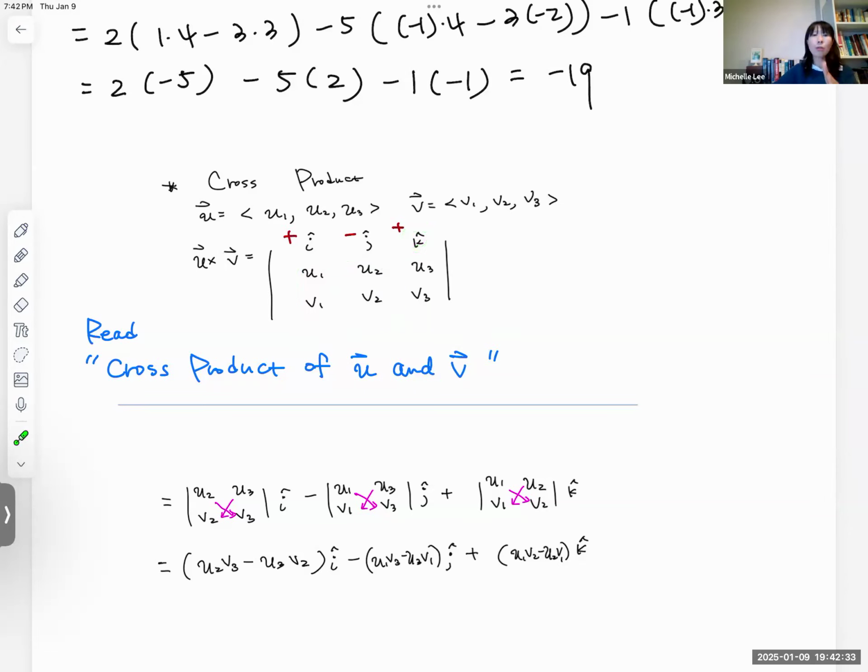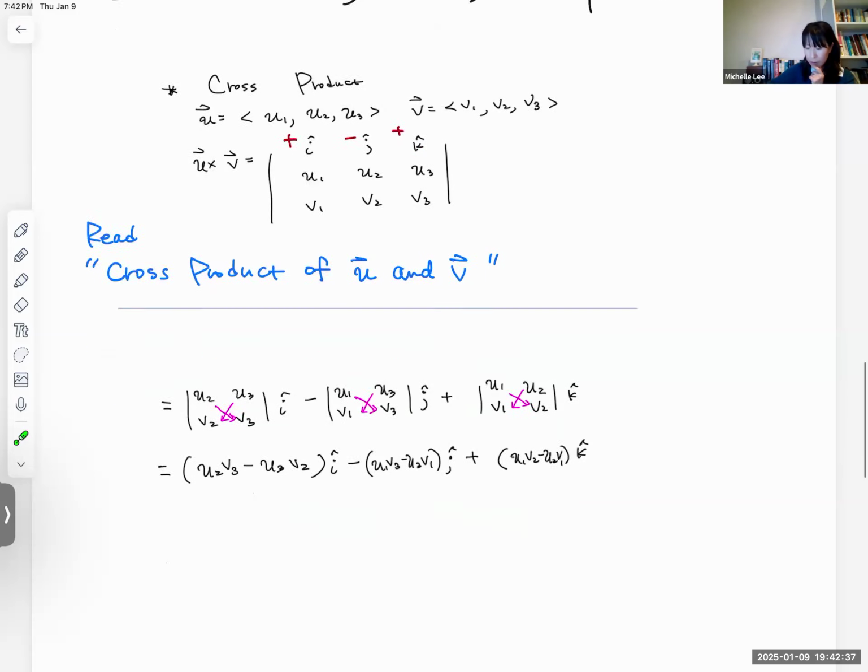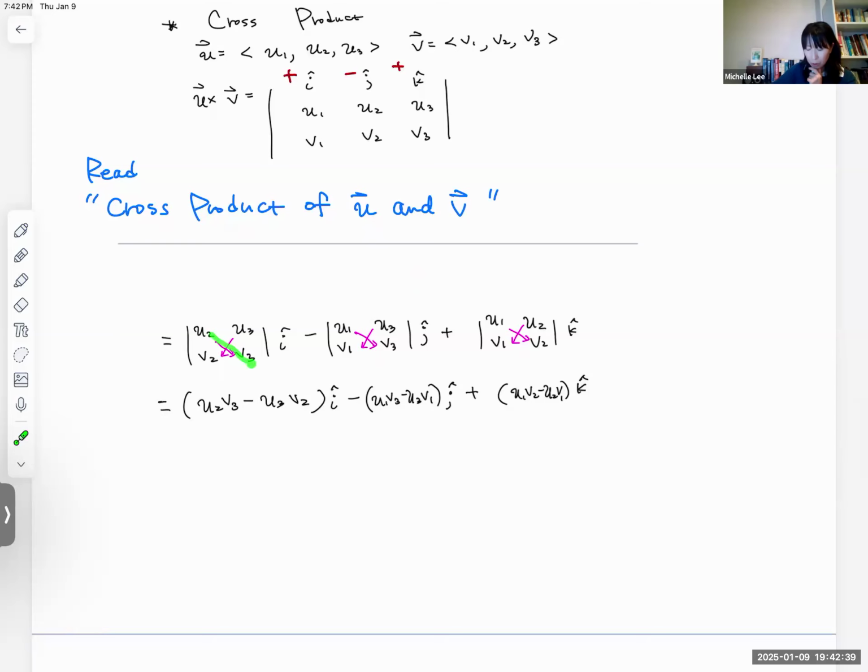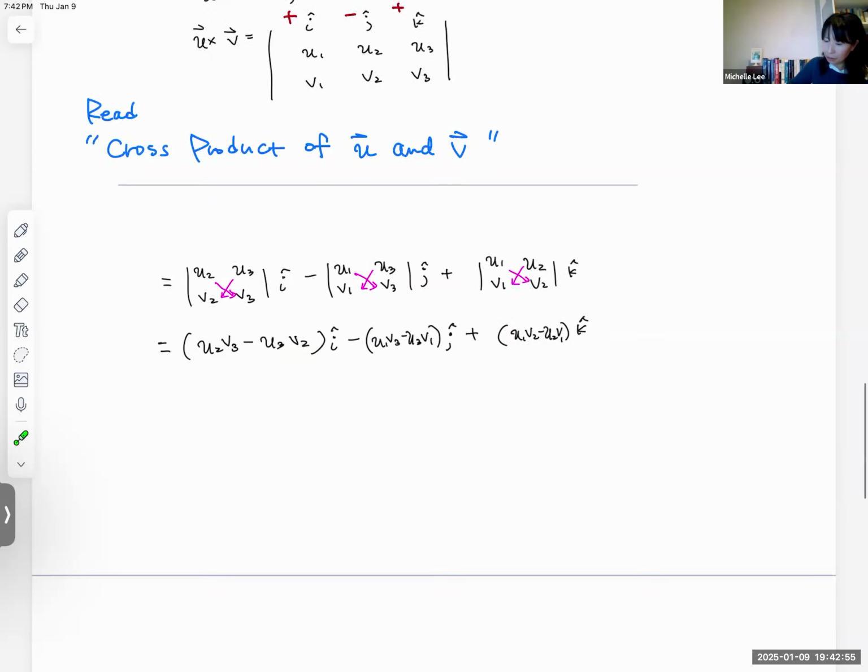Now we know how to calculate 2 by 2 determinant, right? So this is the one. u sub 2 multiply this, minus multiply that, right? Multiply this, minus multiply that. Multiply this, subtract that, right? Okay, let's do an example.